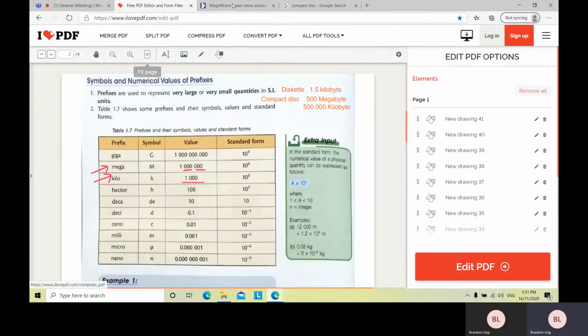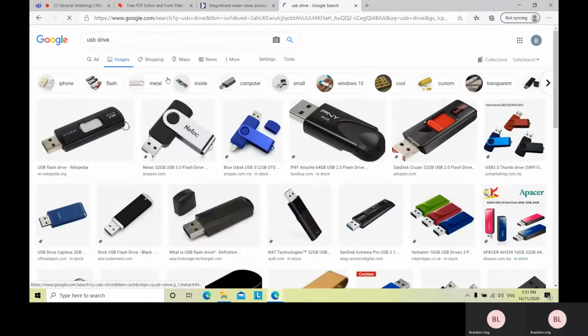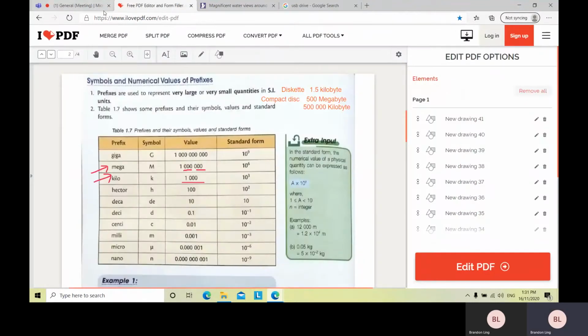Nowadays we have something called a USB drive. This USB drive can also be used for storage purposes. A common USB drive in the market can save up to a few gigabytes, more than 30 or 50 gigabytes.